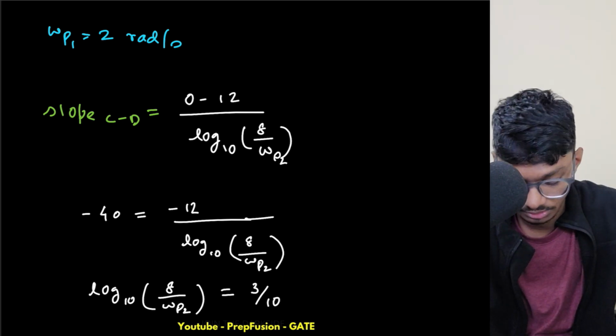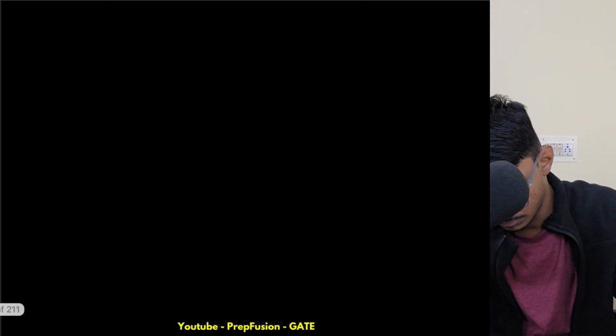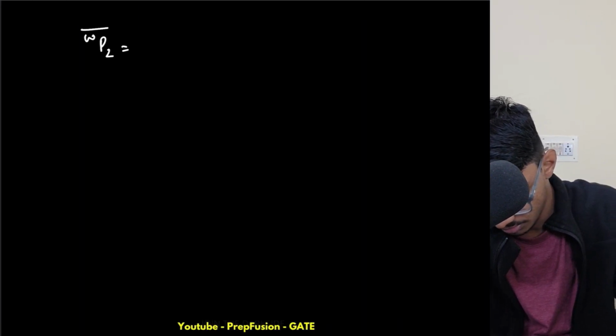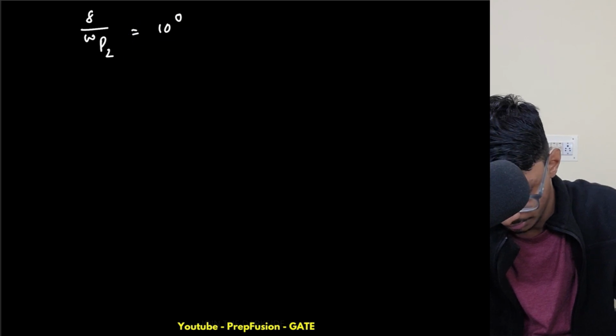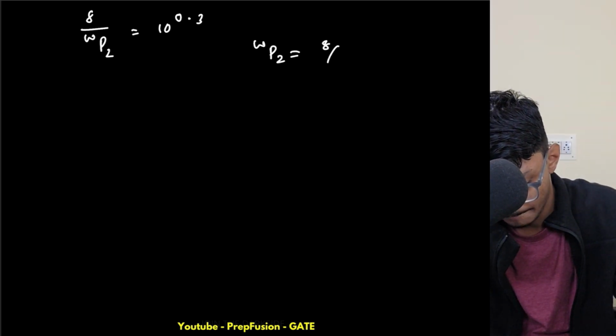Now omega p2 is simply: 8 by omega p2 is 10 raised to power 0.3. Again, I told you to remember 10 raised to power 0.3 is 2 itself. So omega p2 will be 8 by 2.